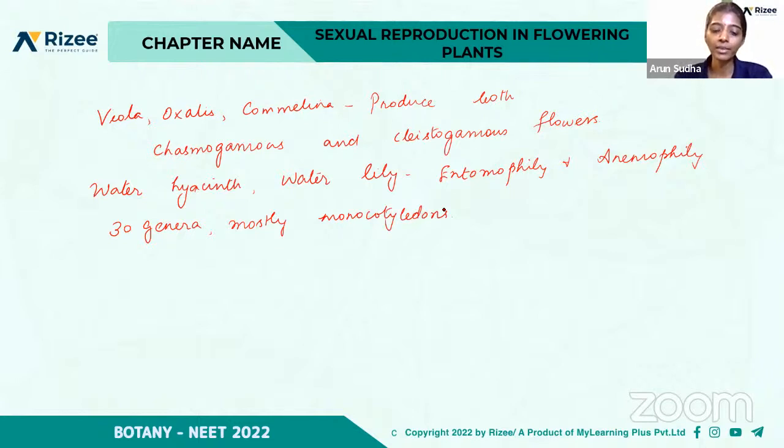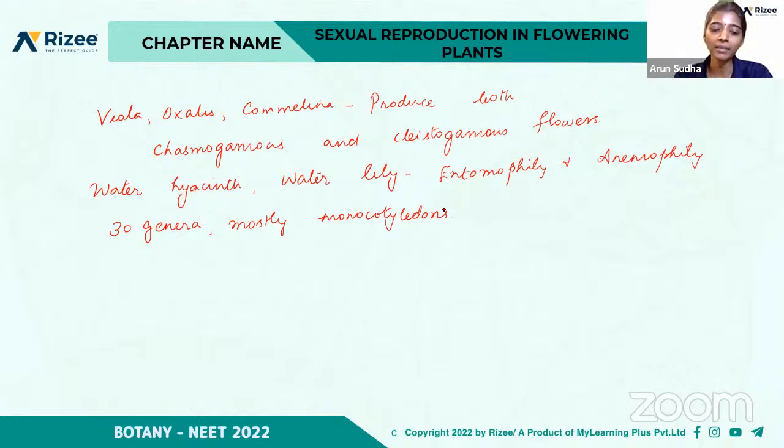Which of the following is not the feature of insect pollinated flowers? So you have to be clear for these type of questions, right? Option A, large, colorful, fragrant, and rich in nectar. Option B, small flowers form inflorescence to make them visible.